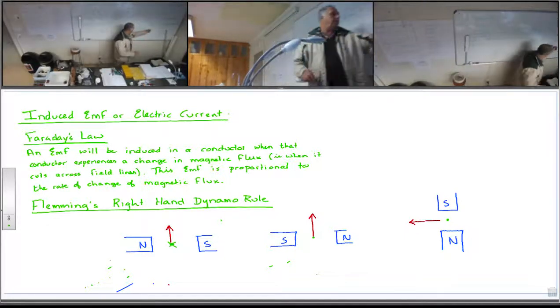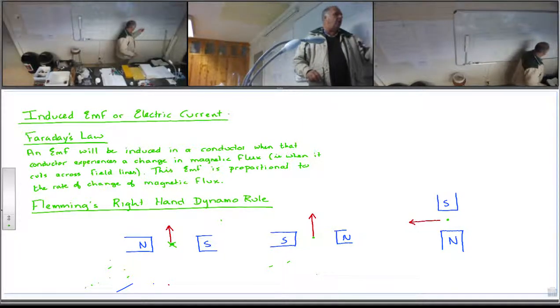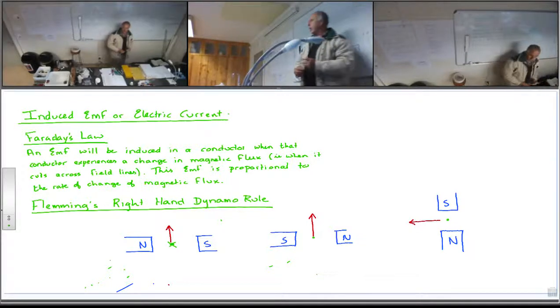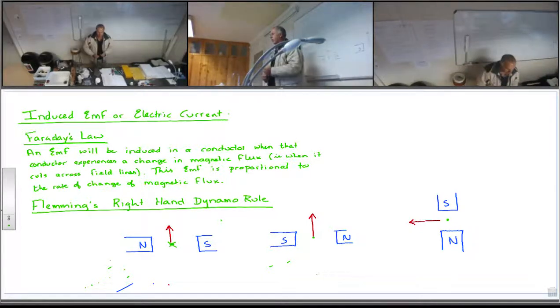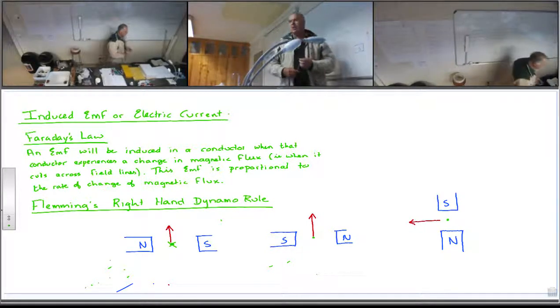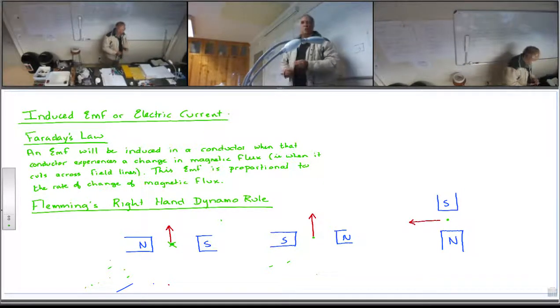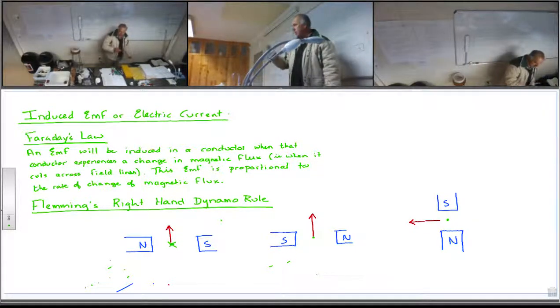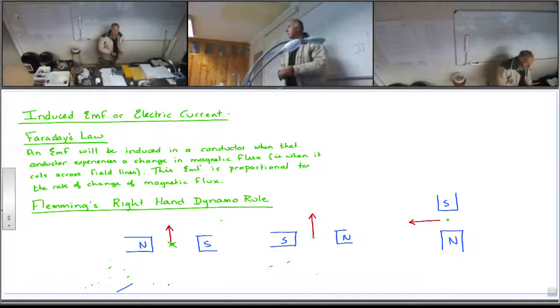Here's your wire. We're thrusting it to your left. Is the current going to flow towards you or into the board? Which hand do we use, Shara? Right hand rule. Why are you using your right hand rule? We're trying to find out which way the current will flow. In a motor, we know which way the current's flowing. We're trying to find out which way the movement is. Yeah, which way is the movement, Matthew?